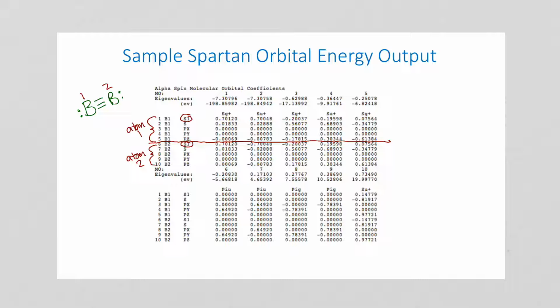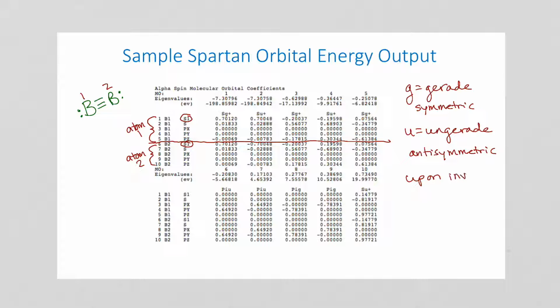Remember, the G means gerade, and U is our ungerade. Those are just the conventional labels that we use to tell us whether or not these orbitals are symmetric or anti-symmetric upon inversion. Gerade would be symmetric, and ungerade is anti-symmetric, upon inversion.